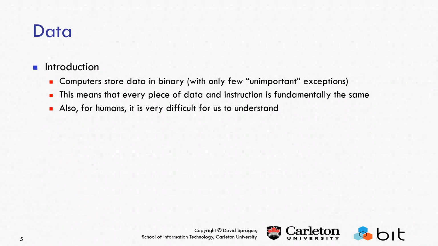So for our data itself, we've already looked at the architecture. We've already looked briefly at how the various compiled languages work. Computers store numbers in binary because we have on or off, and you can think of it as an array of light switches to toggle things on and off.